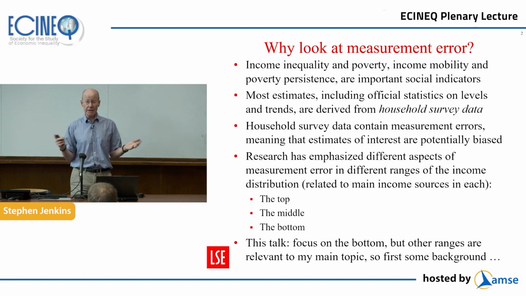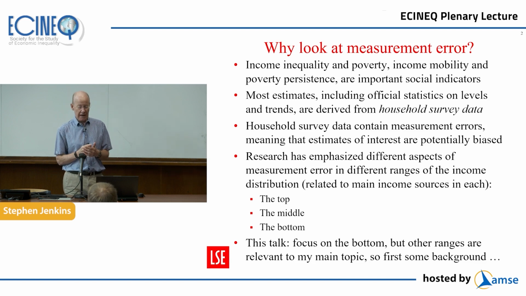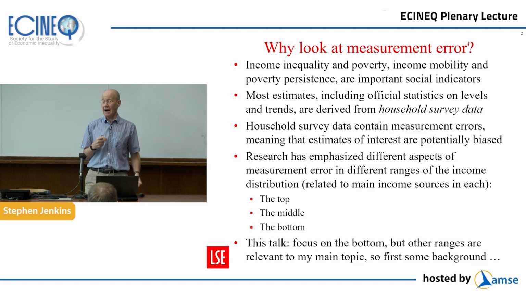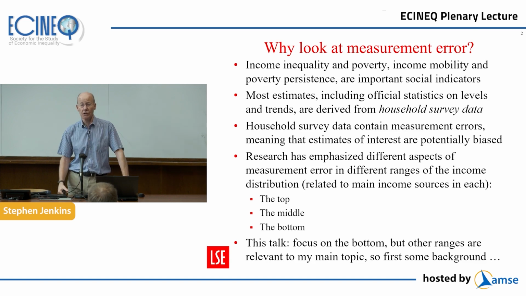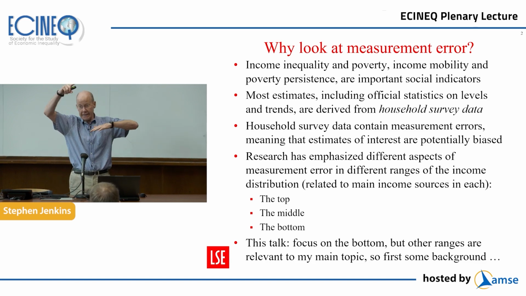So, the very basic idea is that things like income inequality and poverty, which are cross-sectional pictures, and income mobility and poverty persistence, longitudinal indicators, are very important social indicators. Indicators of their importance are, for example, Eurostat's inclusion in its headline indicators.